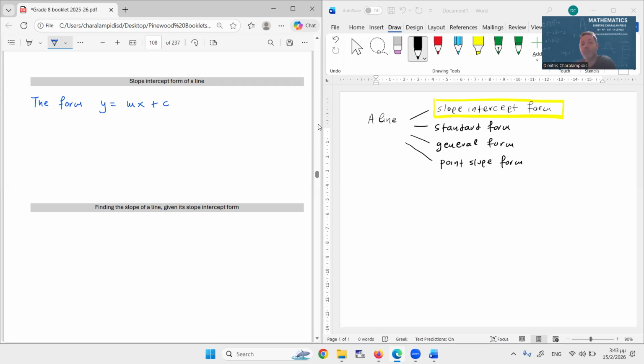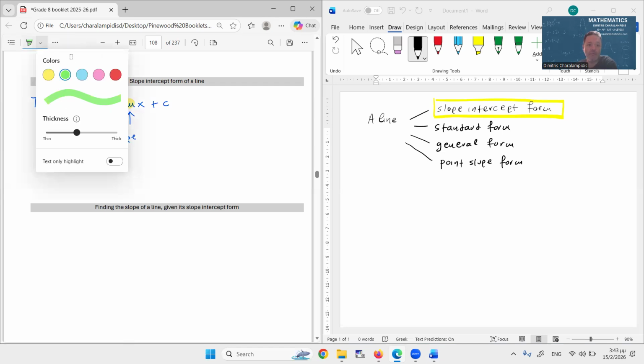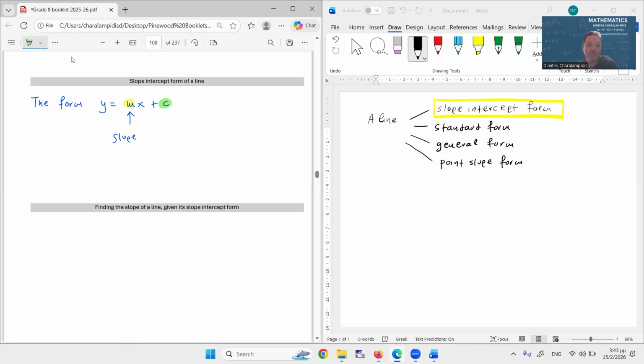Now, why did we actually call it slope-intercept form? Because this here is the line's slope, and this here is the line's y-intercept.